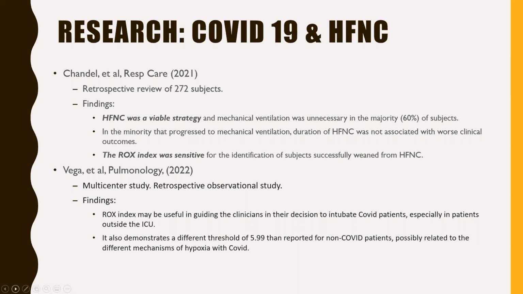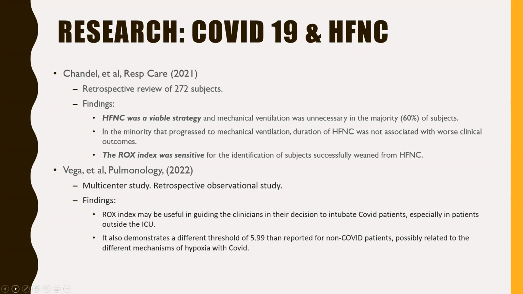Vega in the Journal of Pulmonology 2022, multi-center retrospective observational study. So this was one that wasn't a chart review. They actually planned the study and then they executed it with specific aims and hypotheses. The findings were the ROX index may be useful in guiding clinicians, also demonstrates a different threshold than reported for non-COVID patients.